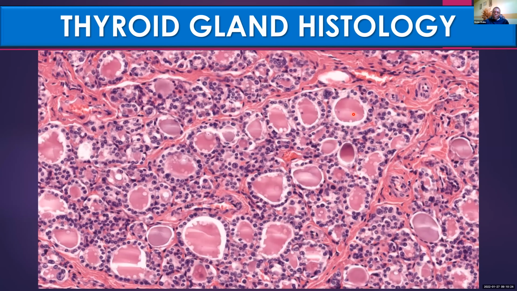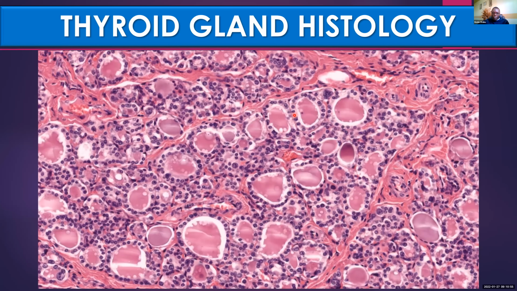That's a follicle, that's a follicle, that's a follicle. And what do we notice about the follicles? Each follicle consists of a central homogeneous material, which we call colloid, and a ring of simple cuboidal or simple columnar epithelium.